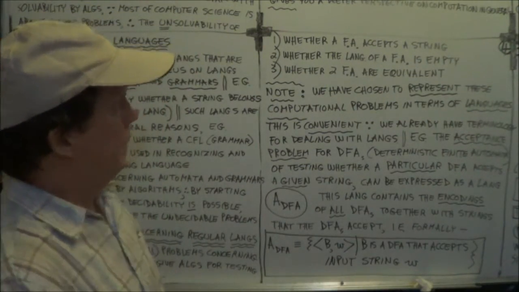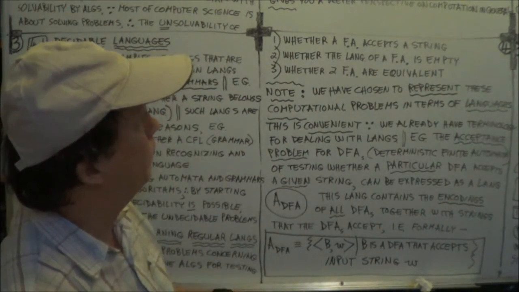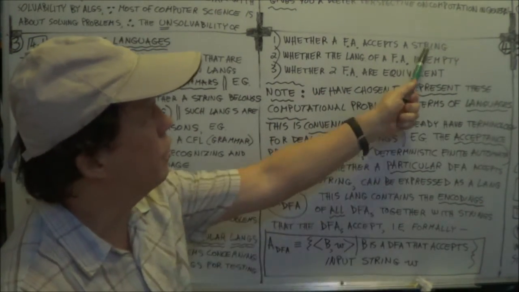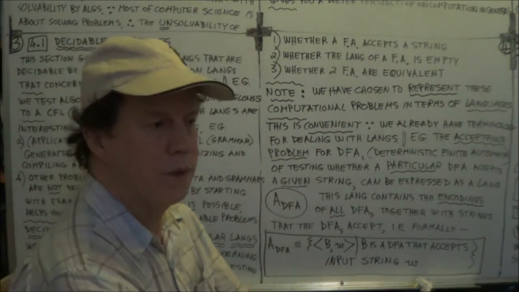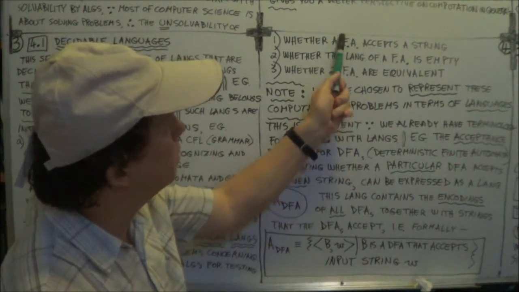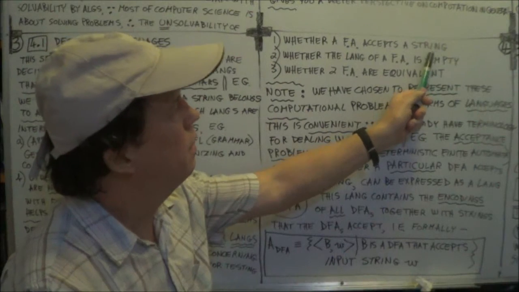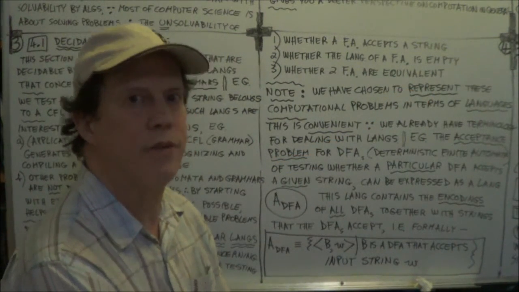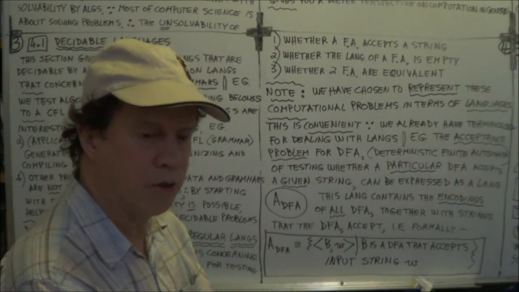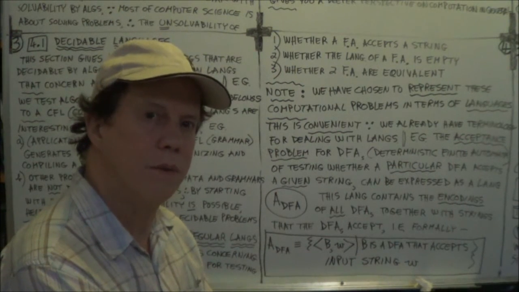Well, here's one. You're given a finite automaton, right? And you're given a string. And the question is, here's the problem: will this particular finite automaton, whatever it is, accept this particular string, whatever it is? Okay. And can you find an algorithm that will answer yes or no to that question?